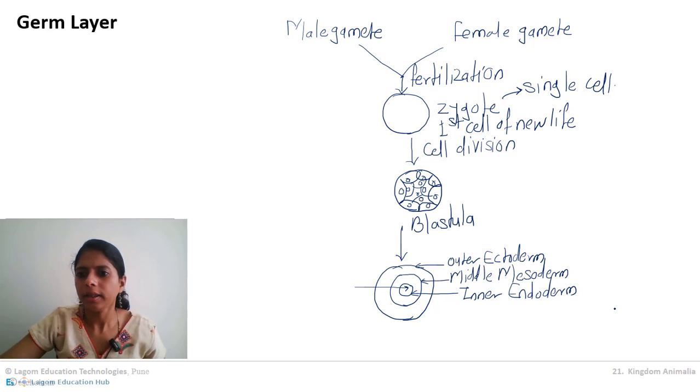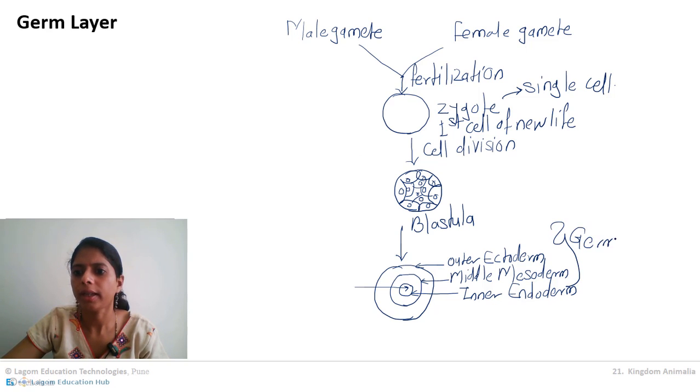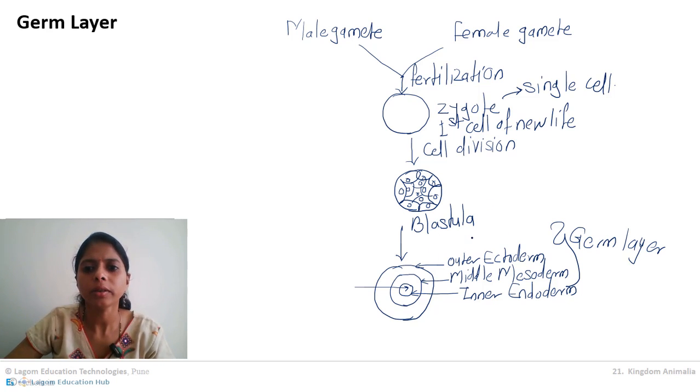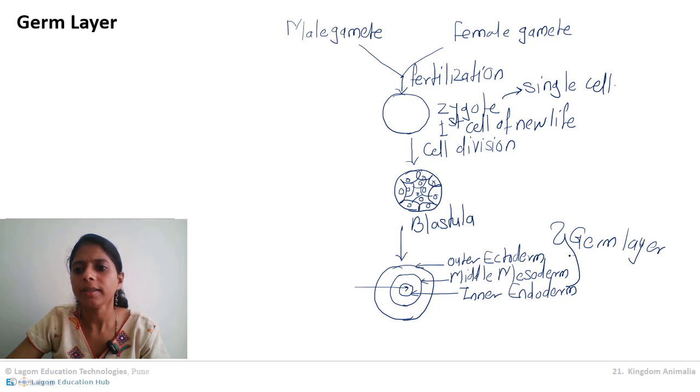So these three layers are called as germ layers. See, whatever layers formed after the zygote, the zygote forms blastula, and blastula cells rearrange themselves into three different layers of cells, and these layers of cells are called as germ layers. They are ectoderm, mesoderm, and endoderm.